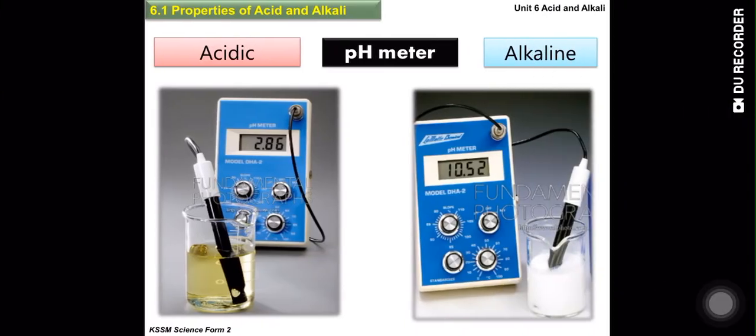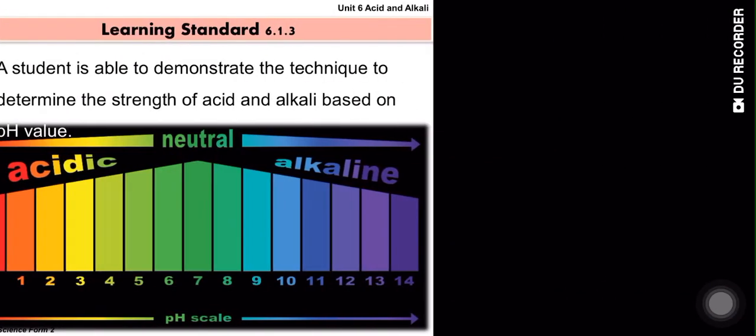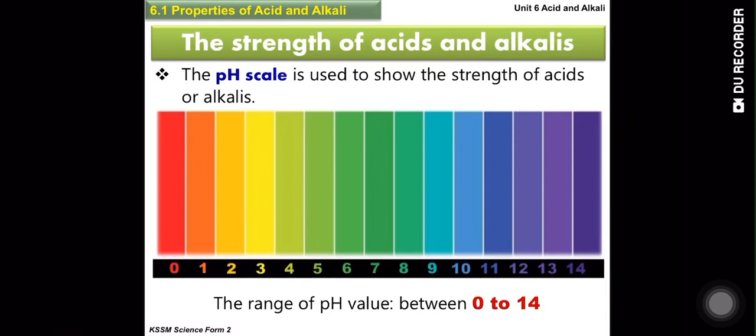We also have an electrical device called the pH meter, where the pH meter will give you digital readings. The 2.86 here shows that it's acidic, and the 10.52 shows it's alkaline. So the readings are based on the number 7 neutral, below 7 acidic, above 7 alkaline. And we have gone through the color indications earlier.